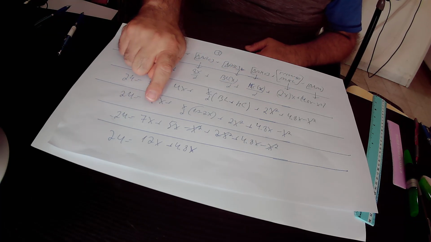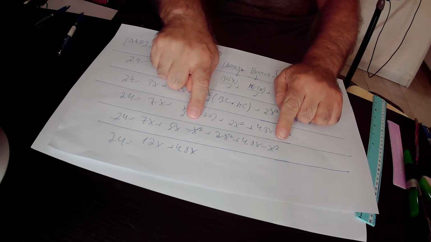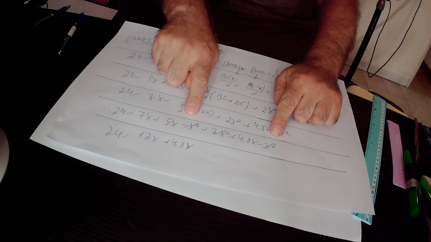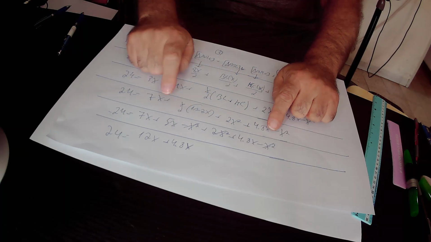So 24 equals 7x plus 5x, which is 12x, and we have here minus x squared, minus x squared is minus 2x squared, and minus 2x squared plus 2x squared is 0. So those expressions get cancelled, and we are left only with 4.8x.